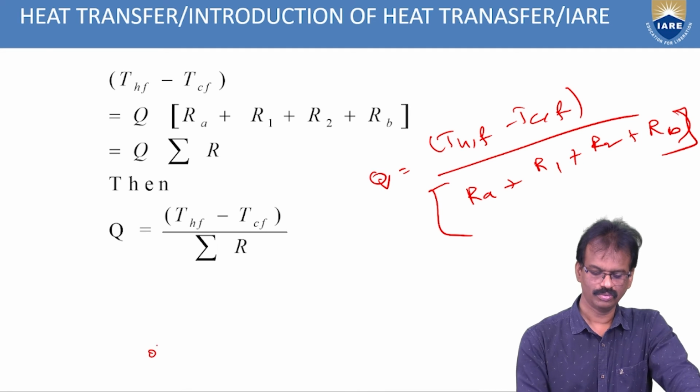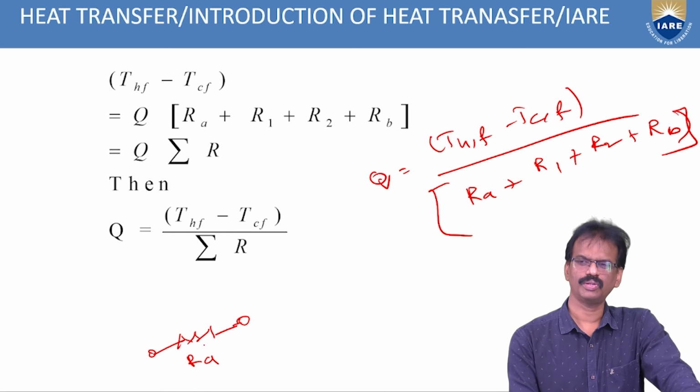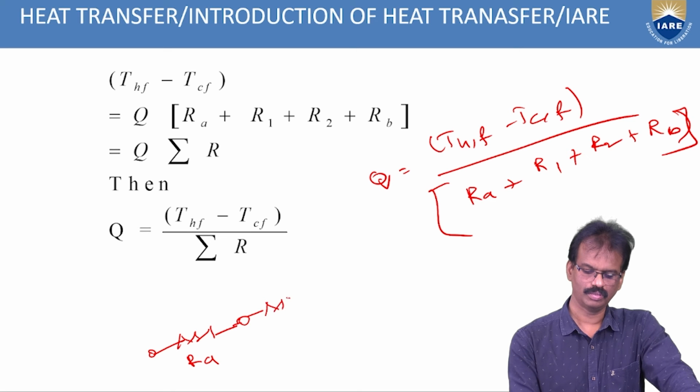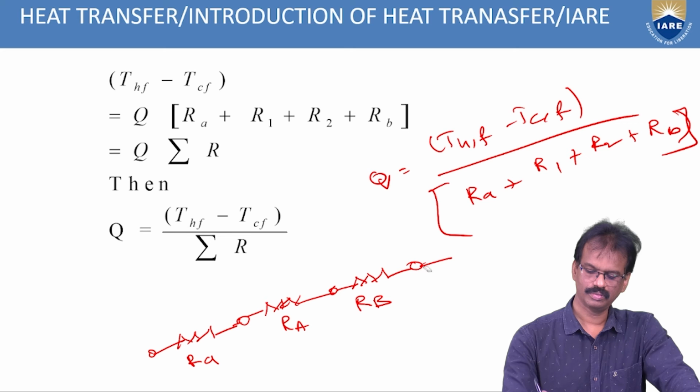You know that. So this is the thermal resistivity. It means RA, here hot fluid to inner surface, is the first thermal resistivity RA. Similarly, thermal resistivity RB.